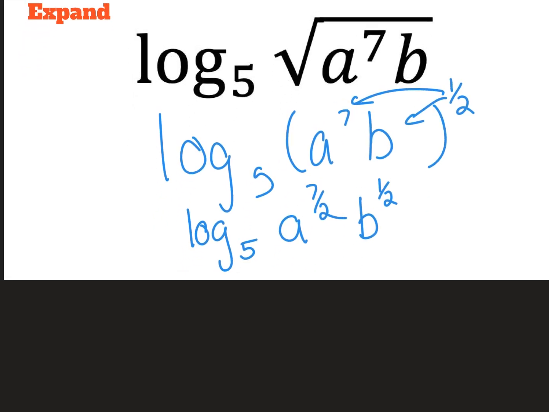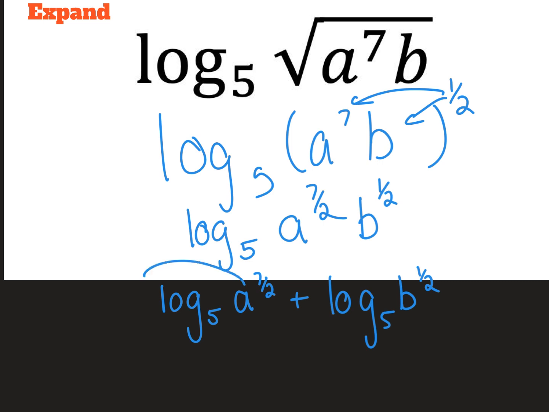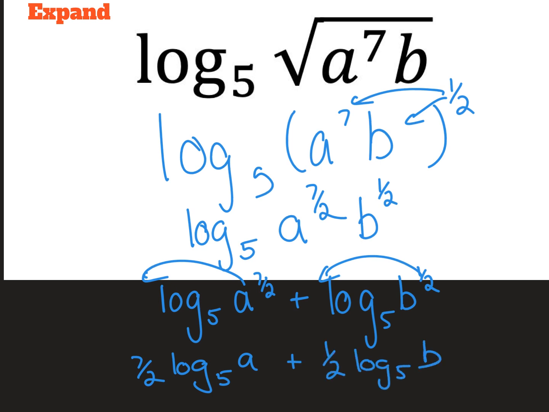This can now split into 2 separate logs, so log base 5 of a to the 7/2 plus, because the argument is a product, log base 5 of b to the 1/2. Lastly, let's use the power rule and bring our exponents out to the front of the log. So this would be 7/2 times log base 5 of a plus 1/2 times log base 5 of b.